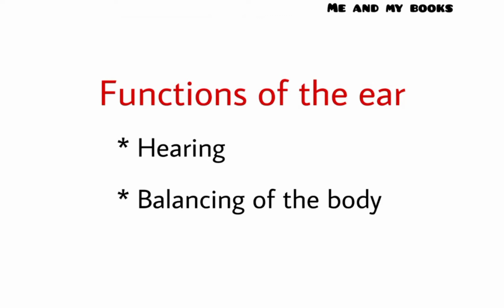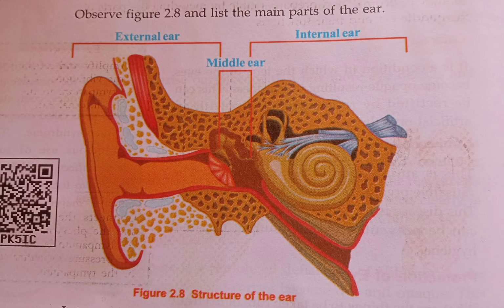Do you know about balancing of the body? There is one more part in the brain, the cerebellum. This is the ear. Look at the ear's structure. The ear has three important parts: the external ear, the middle ear, and the last one is known as the internal ear.